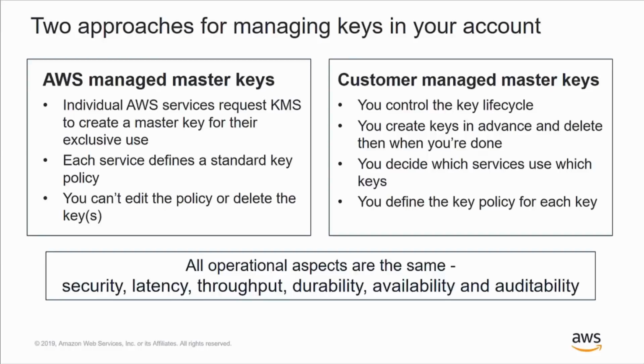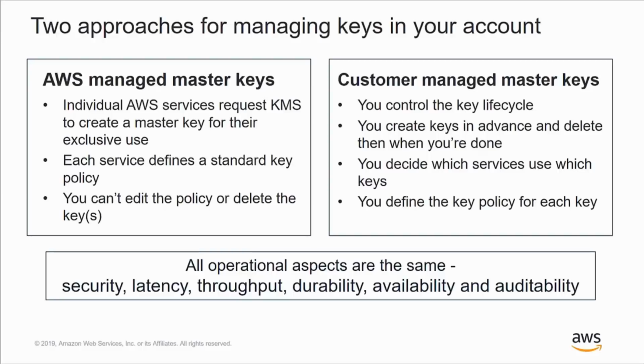In the case of service managed keys, which is the easiest to think about, the key lives in your account. You own that key and you can see that key being used in your audit trails, and you can see that key through the KMS console living in your account or through the APIs associated with KMS. But you don't get to manage that key. The key is created on demand by the service.